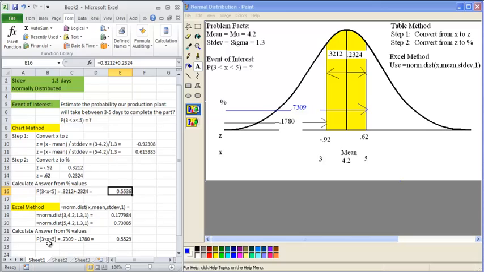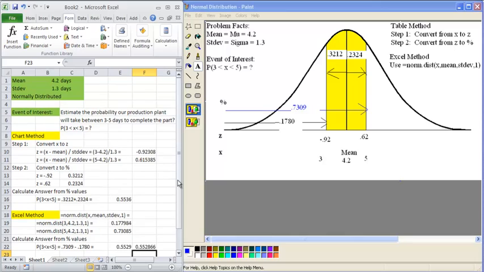So 55.3, 55.4. The more exact answer would have been to use your values from up here and use cell references. So equals 0.73 minus 0.17, so 0.55286, so 0.5529.